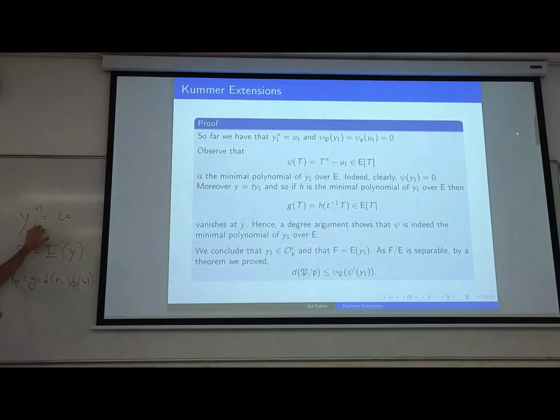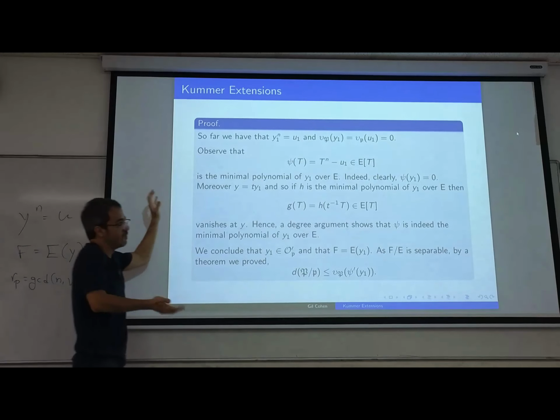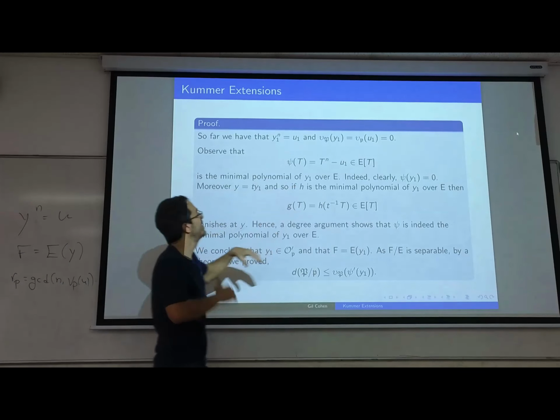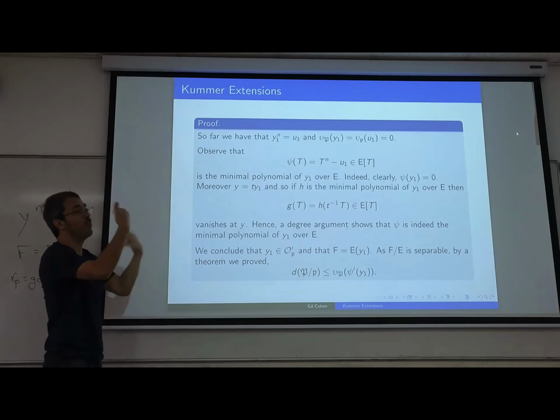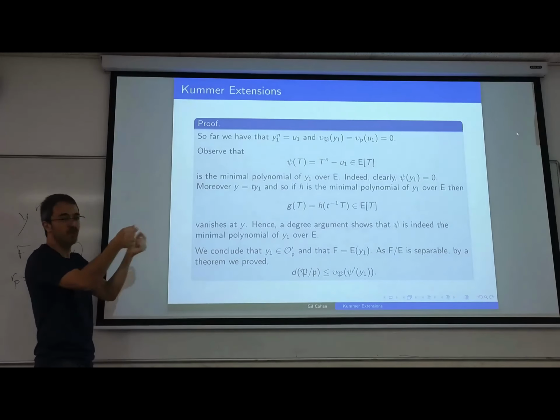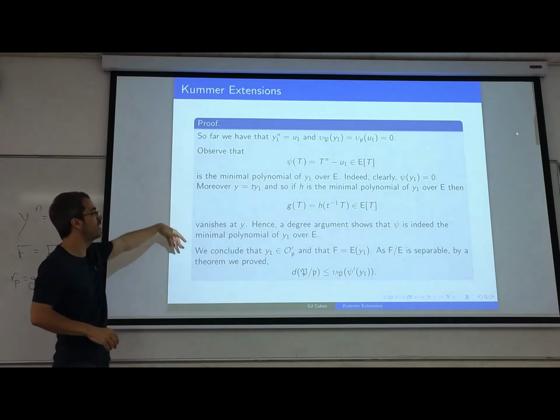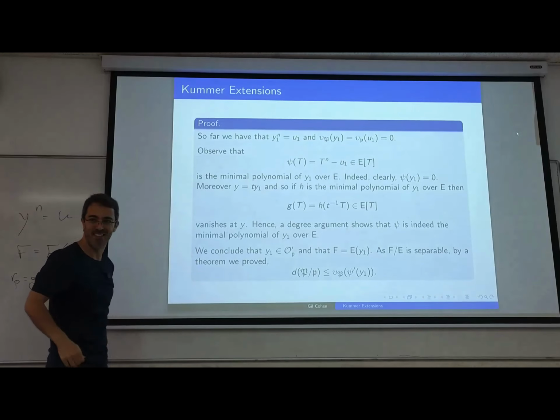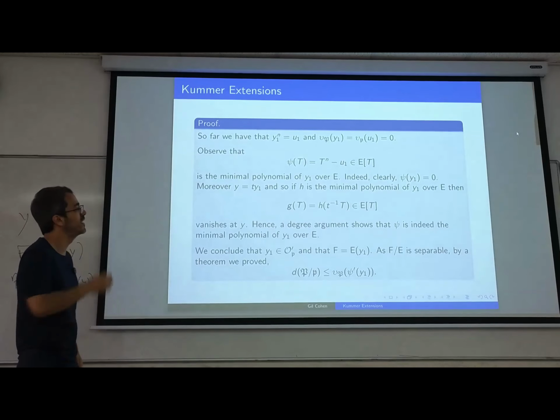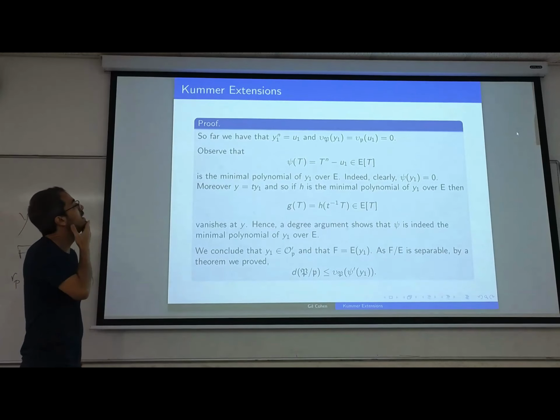That's how you extended it. And what I'm saying here, with many words for no reason, is that that's the same minimal polynomial of y1, because you can just multiply by t and it's an element in E and it doesn't matter. It couldn't be less, it couldn't be more, so it has to be the same.